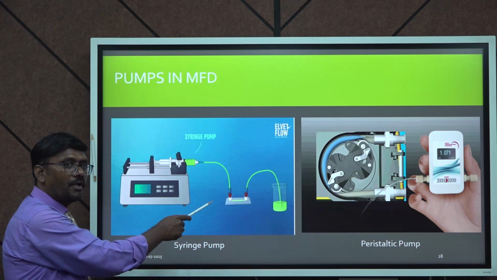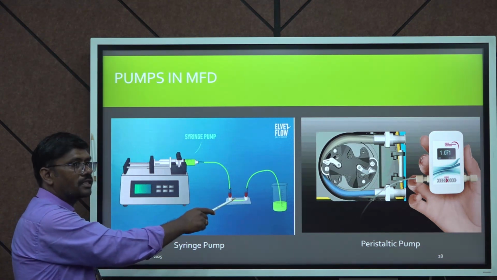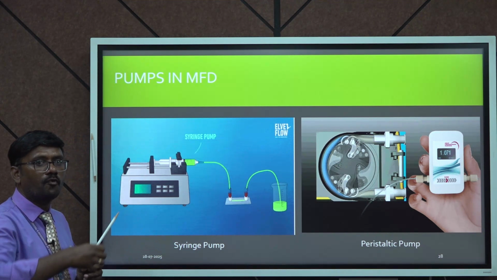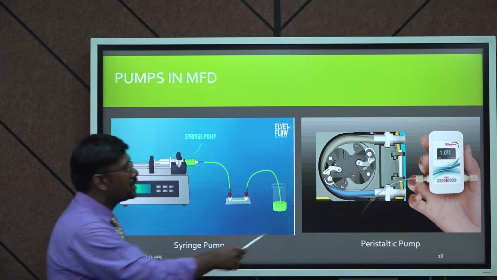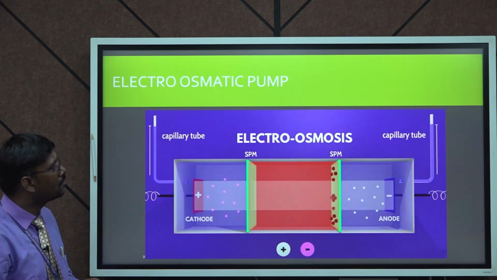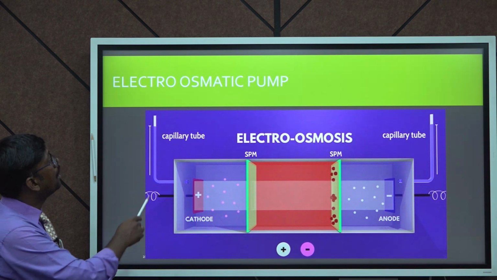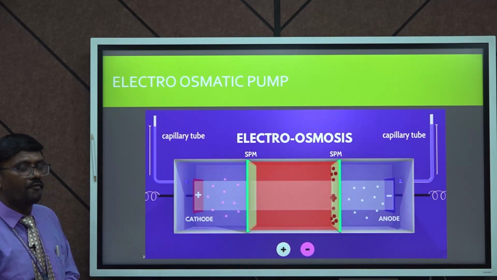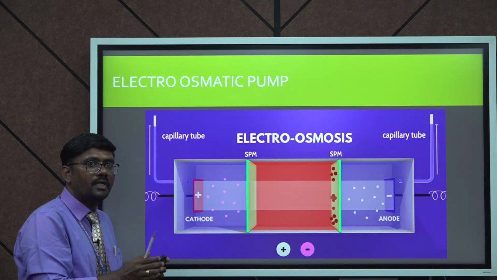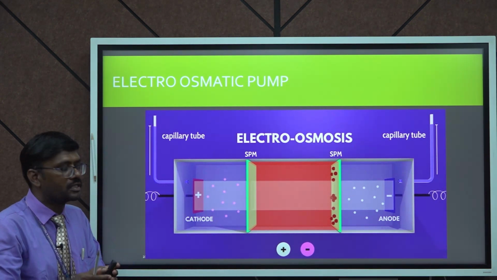Through the principle of suction and vacuum, the syringe pump operates and transfers the fluid through the microchannel. Similarly, a peristaltic pump can be used. Another method is the electroosmotic pump, where by applying current you can transfer the fluid from one chamber to another chamber.